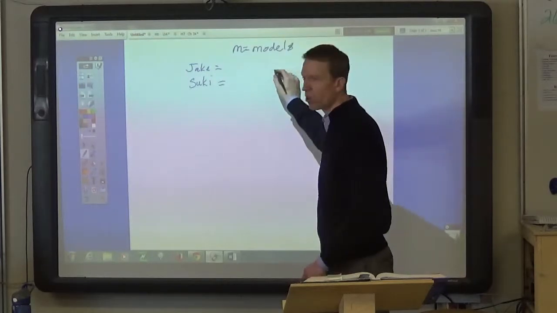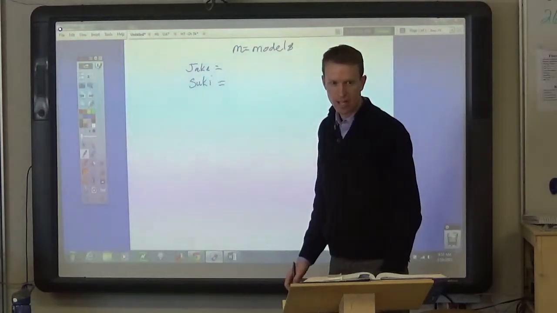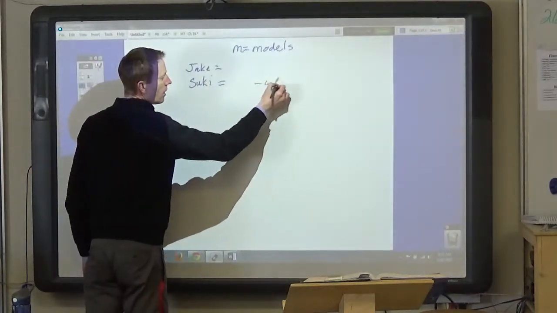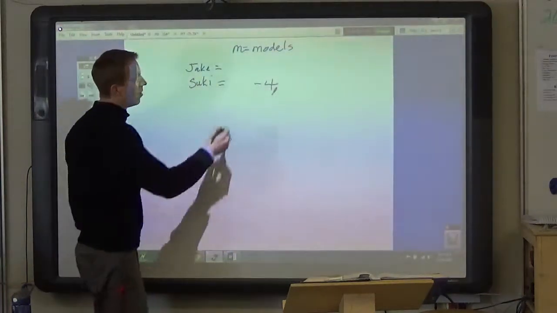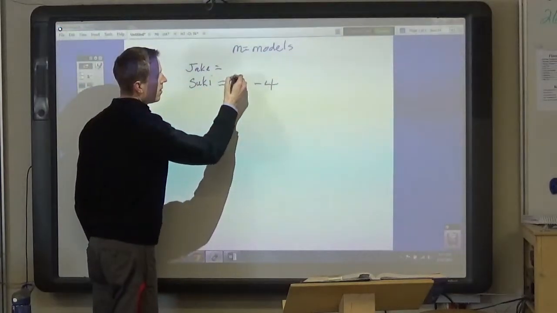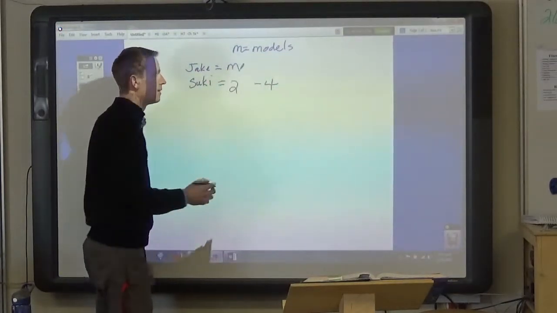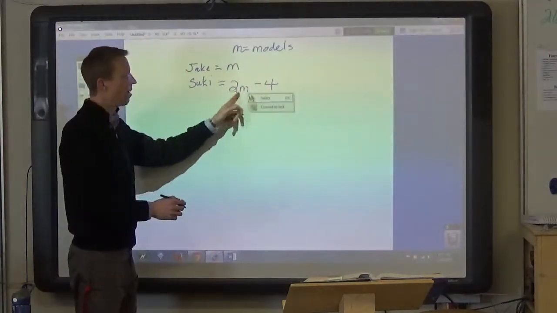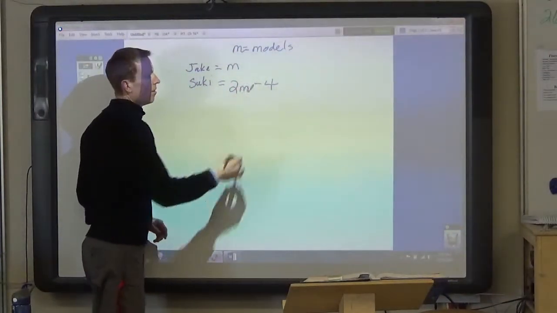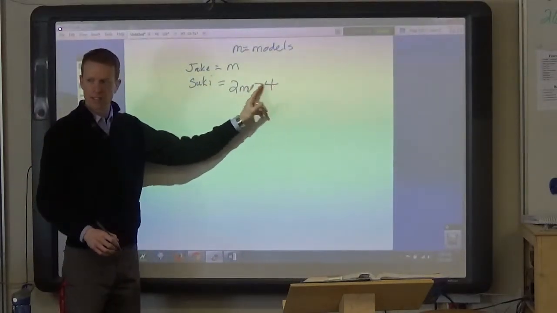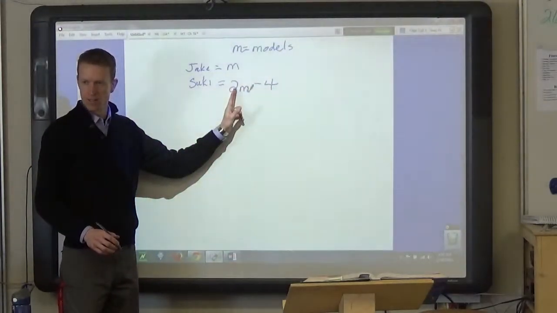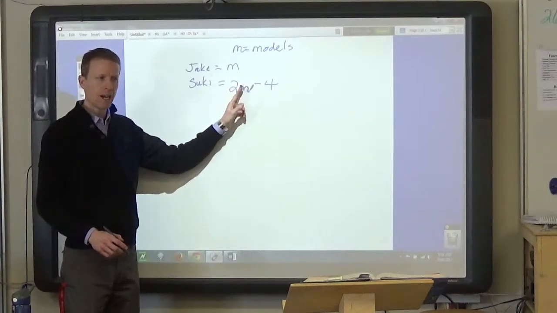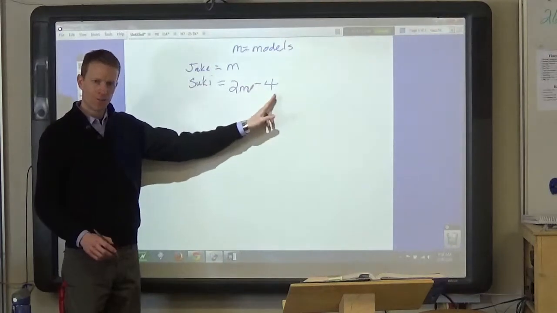It says they have 14 altogether, right? So, Suki has 4 less than twice as many as Jake. So if Jake has m models, then Suki has 2m minus 4. 4 less than twice as many. Okay? Does that make sense? 2 times m, but 4 less than that.